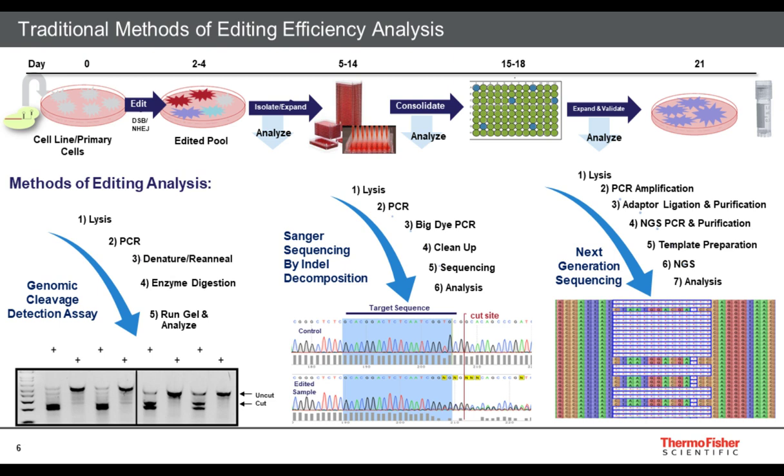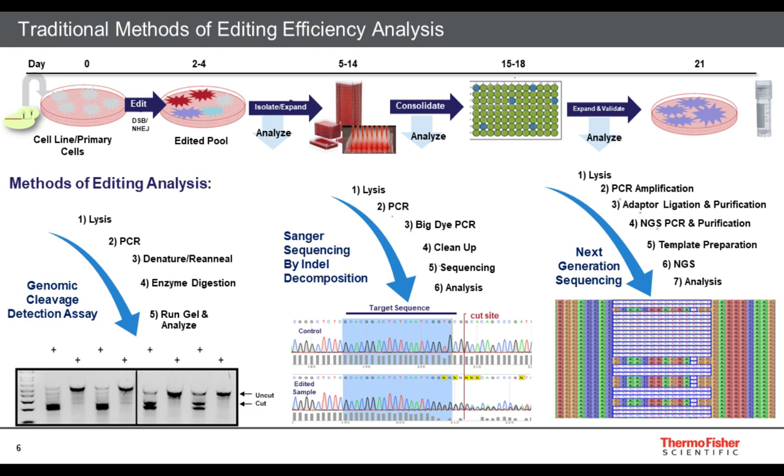So one would be the genomic cleavage detection assay. This is a really popular gel-based assay that can give you a quick and semi-quantitative answer as far as your gene editing experiment and how efficient it went. So from this step, you go through lysing your cell pellet.